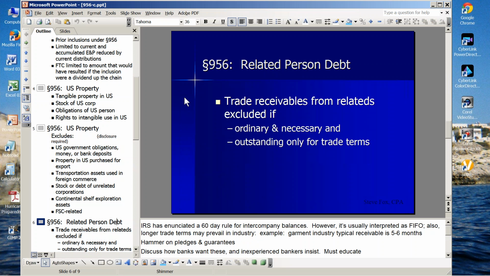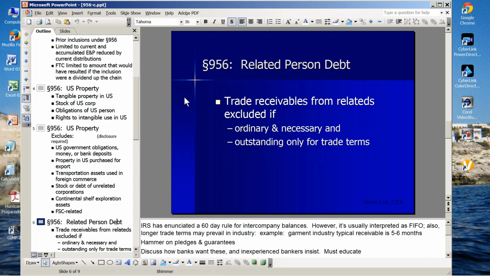Let's say the CFC in Germany, where the tax rate's high, manufactures some goods and sells it to a U.S. affiliate and doesn't collect cash instantly. You know, nobody collects cash instantly, except at the grocery store. So if we have receivables from related U.S. persons, those are also excepted from the definition of U.S. property, provided the receivables are ordinary and necessary, and they're outstanding only for normal trade terms.